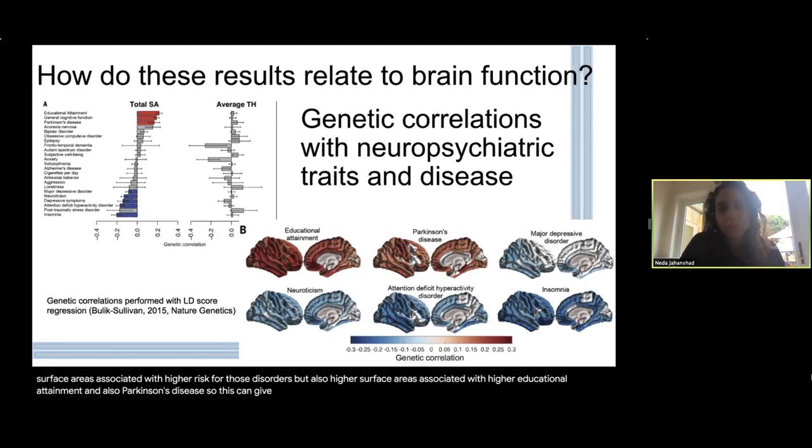So this can give us some insight into the neurobiological pathways that might be associated with those disorders from a genetic standpoint.